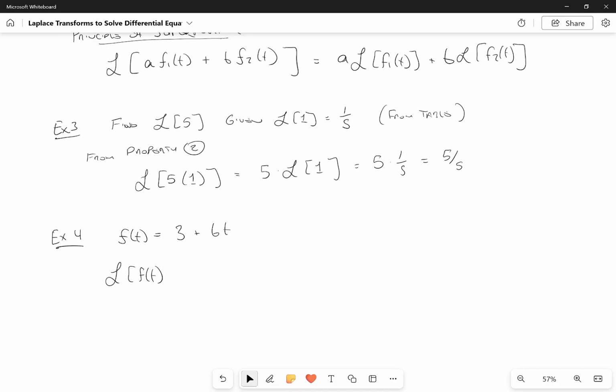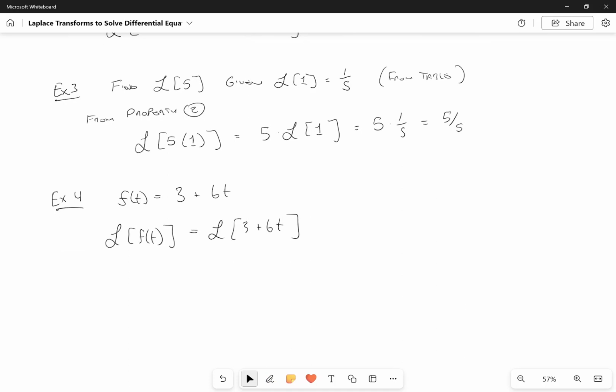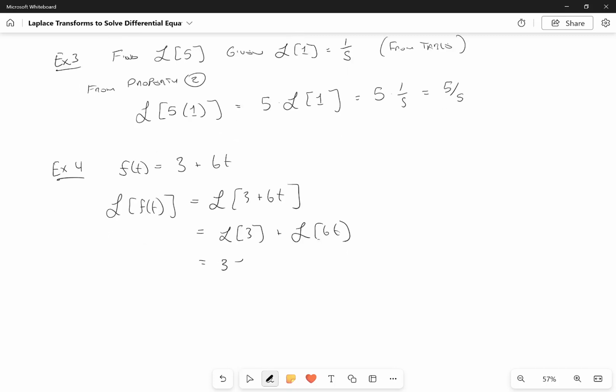So here's an equation, right? We have an equation, f of t. So what we're going to do is take the Laplace of both sides. Now on the right-hand side, we can use the principle of linearity, which is the Laplace of 3 plus the Laplace of 6t, which is the same thing as 3 times the Laplace of 1 plus 6 times the Laplace of t.